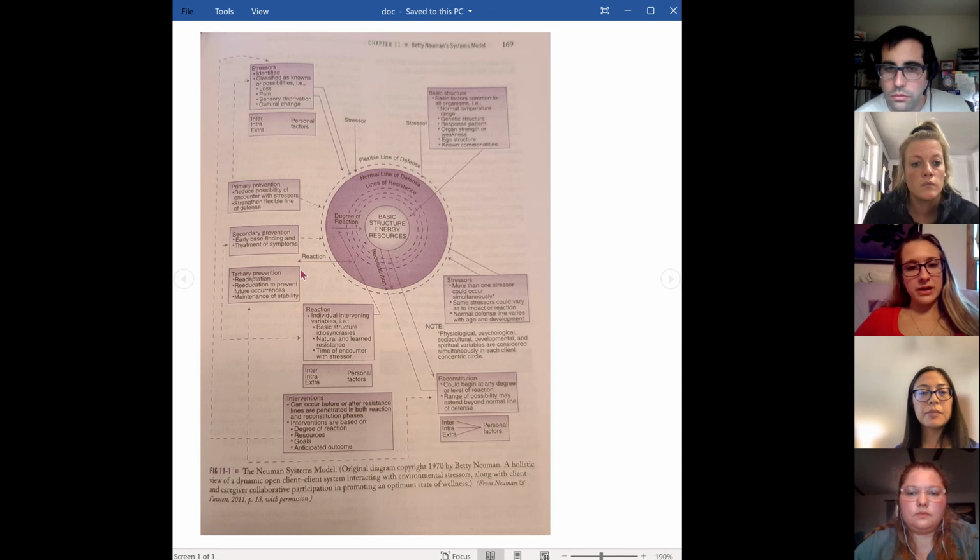But tertiary prevention can be met through, as it says in the diagram there, readaptation and reeducation, and maintenance of stability. So part of our intervention for Nate would be to prepare him for complications and unexpected issues of his conditions, or just anything that could happen in life.